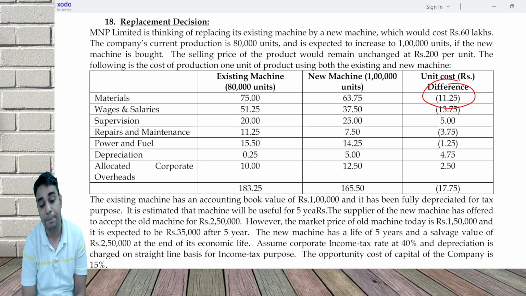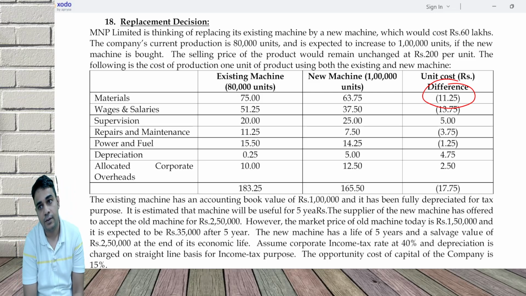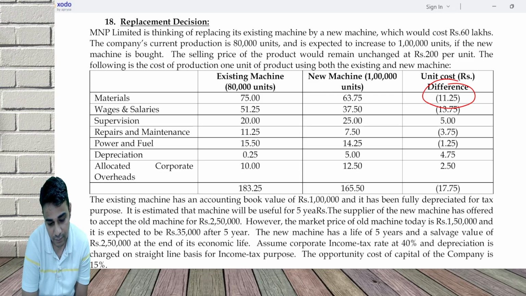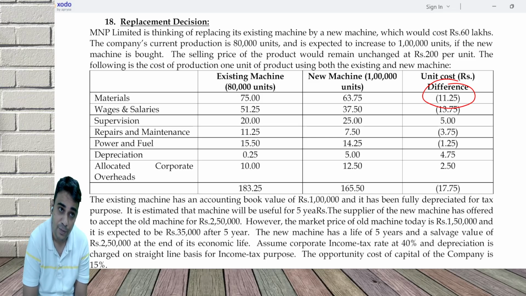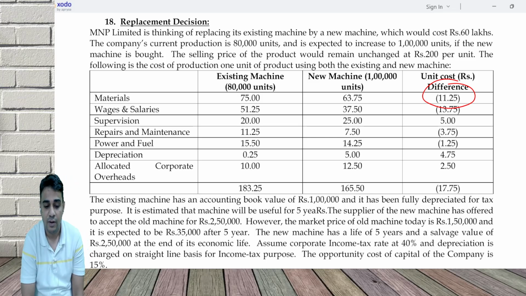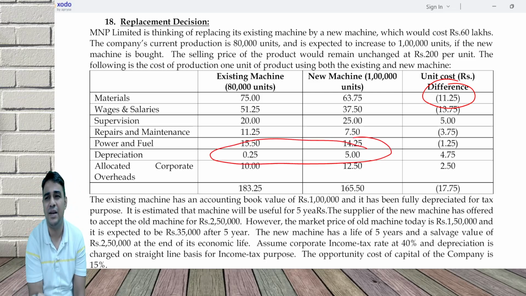Power and fuel. Depreciation. Okay, old machine, no depreciation. New machine. Guys, this is accounting depreciation. Why are you even telling me this?